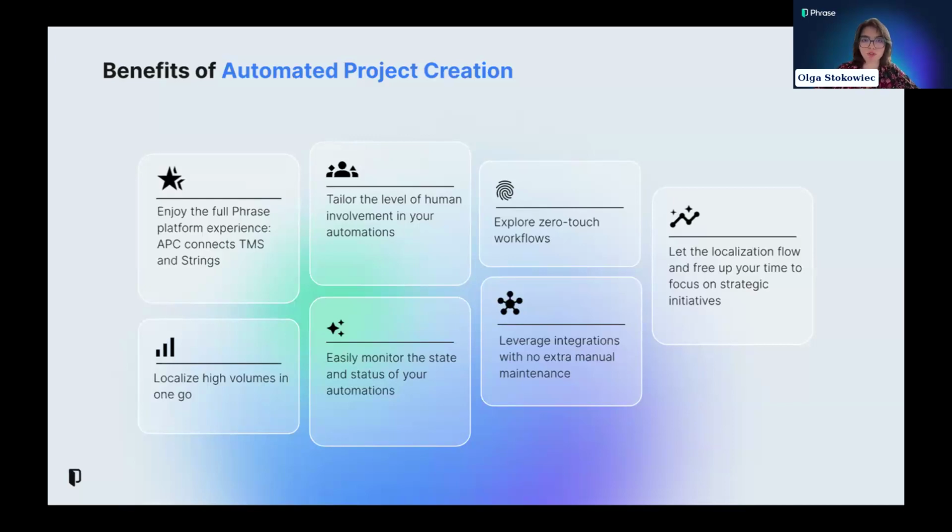But also, if you want to explore zero-touch workflows and you want to just seamlessly and quickly run machine translation localization, that is possible. You have to only set up a project template and an APC, and then basically you don't have to worry about imports, exports, and content updates at all. So you can localize high volumes in one go.